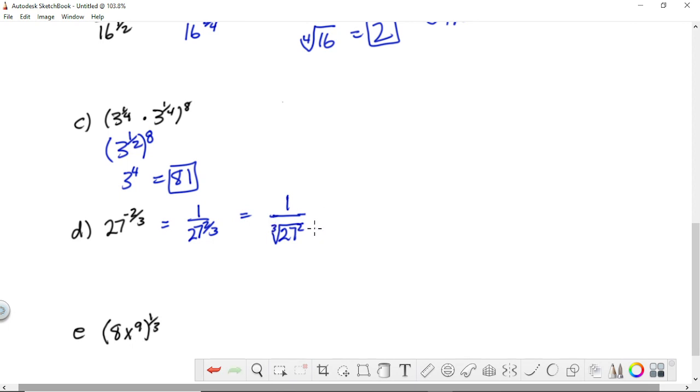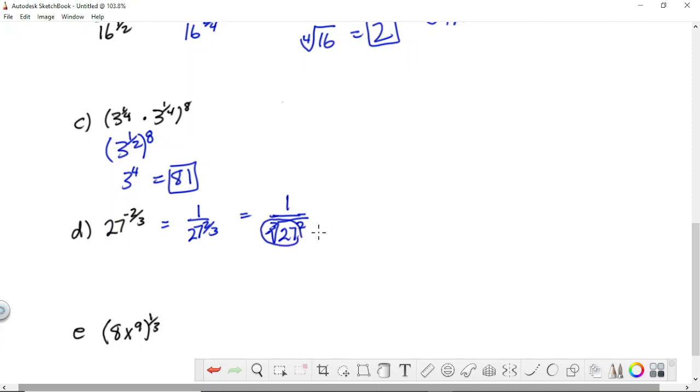And now we've got to see what that is. It's a little hard to see that too. Okay. 2 is the exponent. There we go. 3 is the index. Now remember, you take the root first. So we take that third root first, right?